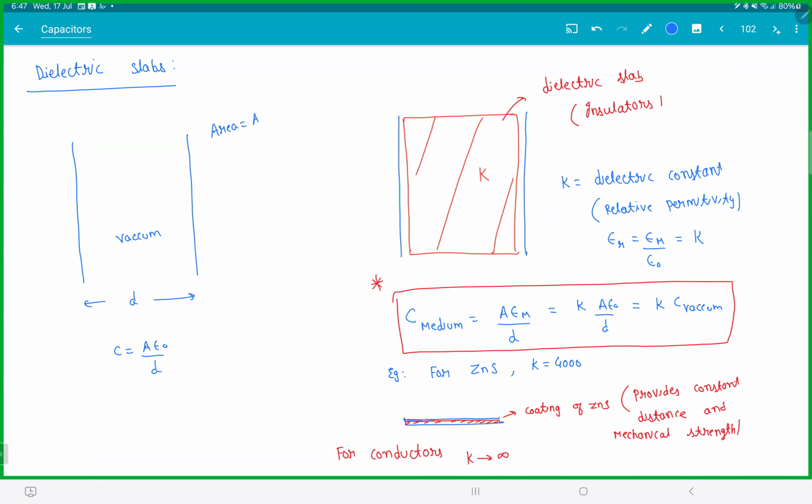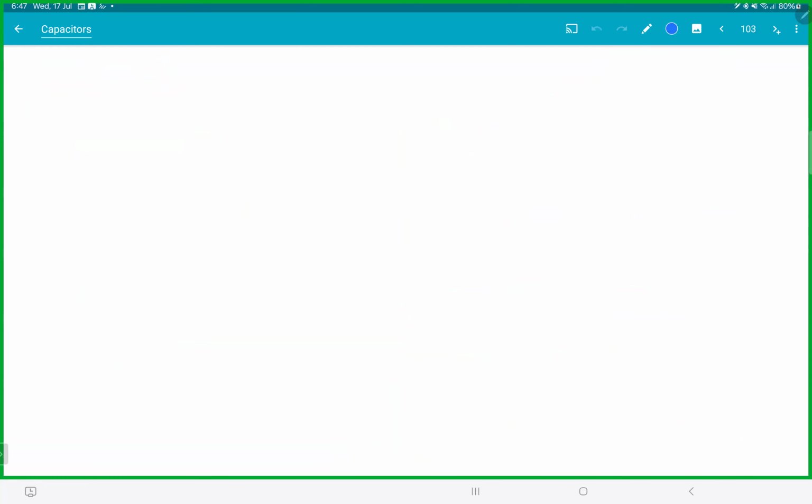Now, what exactly happens inside? So consider the two parallel plates with a dielectric slab between them.